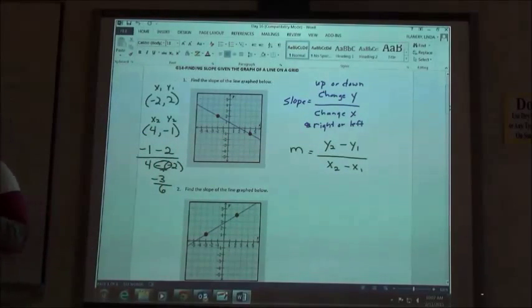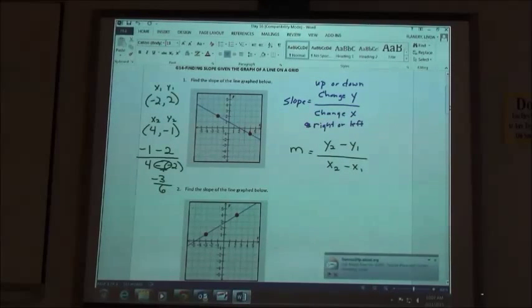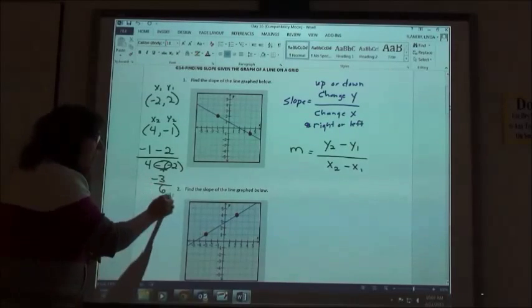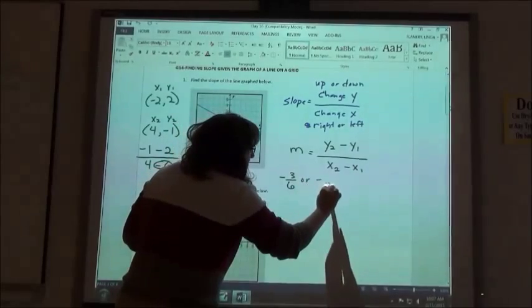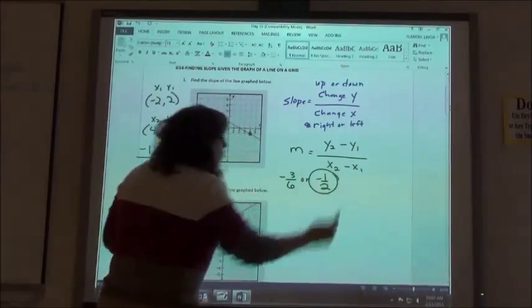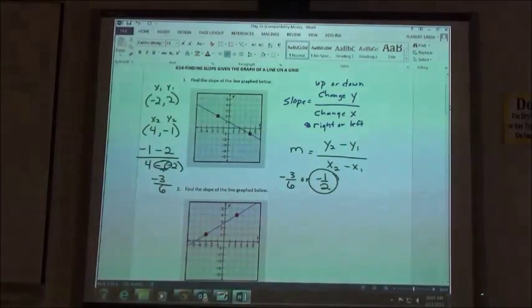So if I have the graph, I can count and find my slope. I went down 3 and over 6, but they want you to practice using the formula so that when you don't have a graph or you have really big numbers, you've practiced using the formula. Now, of course, we know that if I have -3 over 6, I'm going to simplify it, because it's a fraction, to -1/2 for my final answer.